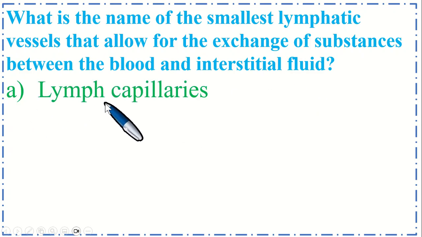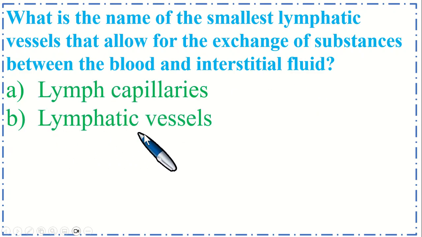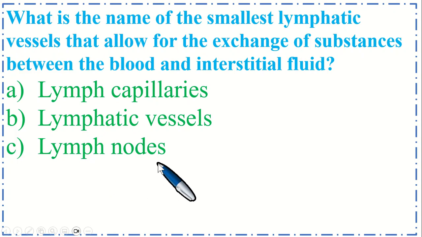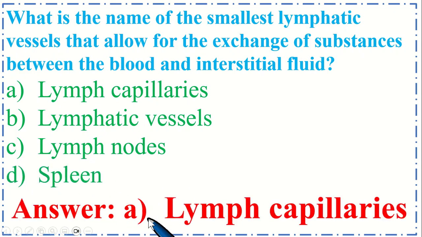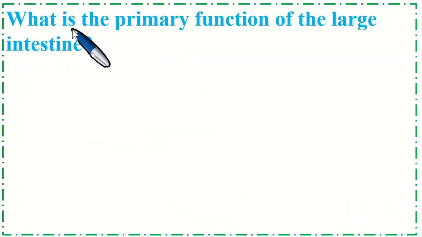Option A lymph capillaries, B lymphatic vessels, C lymph node and option D spleen. So the correct option is A lymph capillaries. So this is very important MCQs.